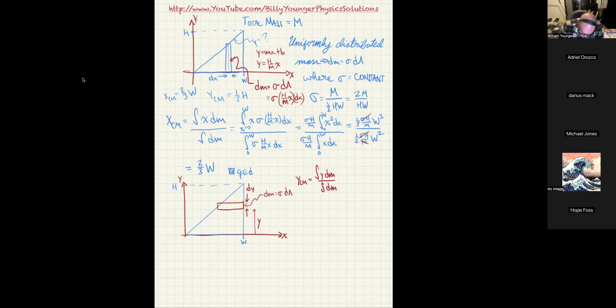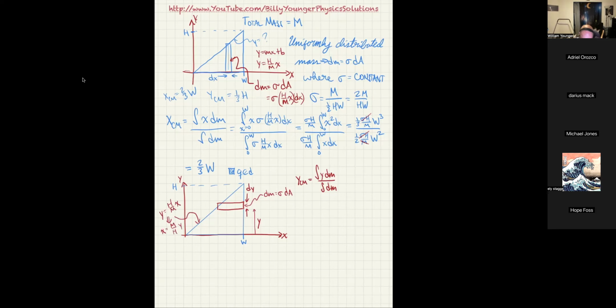So we know the equation of this line is y equals h over m times x, and that means x is equal to m over h times y.